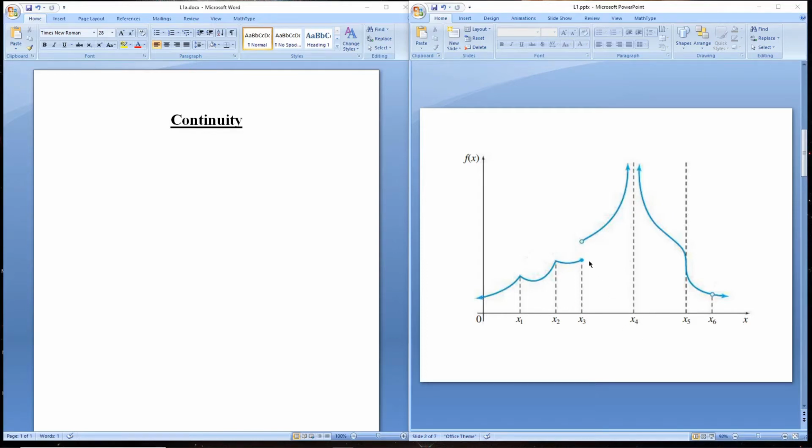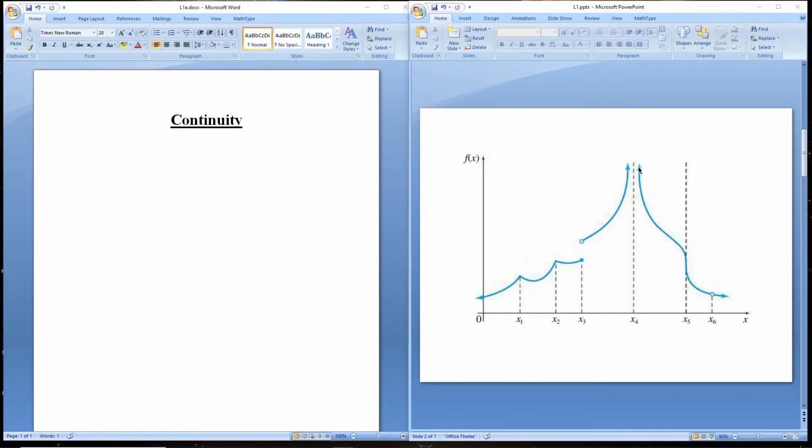So x sub 3 is a gap. The book calls this a jump discontinuity. And x sub 4 is a vertical asymptote where it's going to infinity. And these are places where the function is discontinuous.